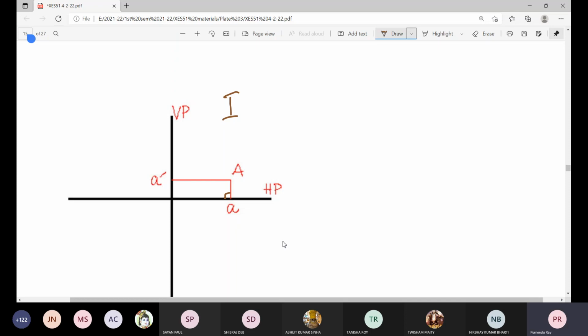We are not describing with its full name. Just this notation, lowercase a and lowercase a with a prime. These are acting as your ABCD etc. of your English alphabet. For this subject, engineering graphics, these alphabets are very important. So once capital A is there, small a and small a dash definitely represent the view from top and view from front.